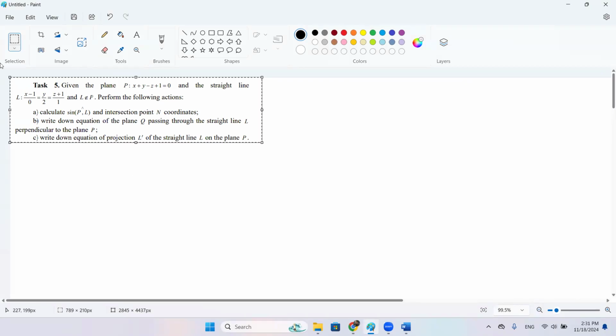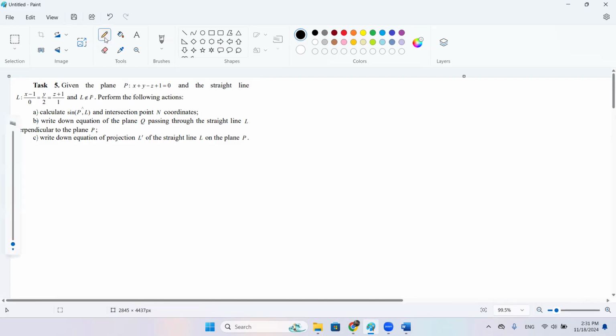So first of all, we need to find the sine of the angle between P and L and their intersection point coordinates. So let's start. The sine. Okay, let's call it phi. So this angle.